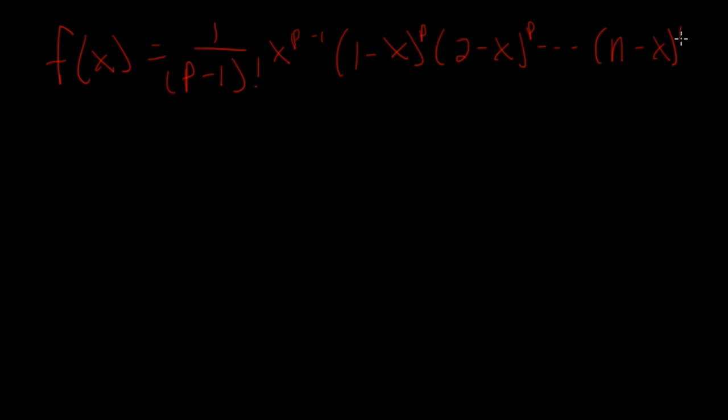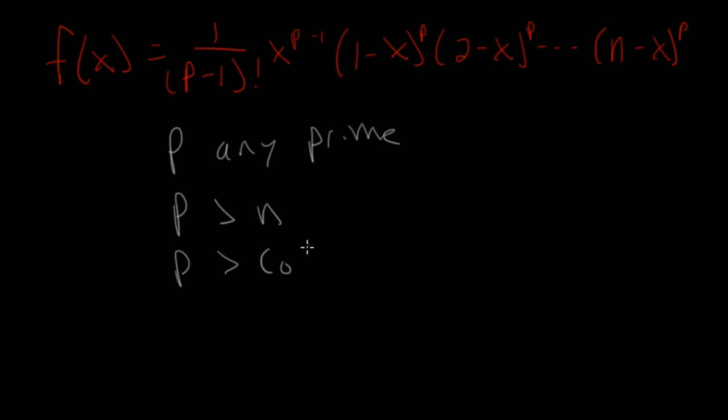And so p is going to be any prime number. It will be greater than n and greater than c sub 0. And we'll use these later when we start talking about divisibility, but first we're going to look at what happens when we take the derivative of f of x, because then that will tell us something about g of x.